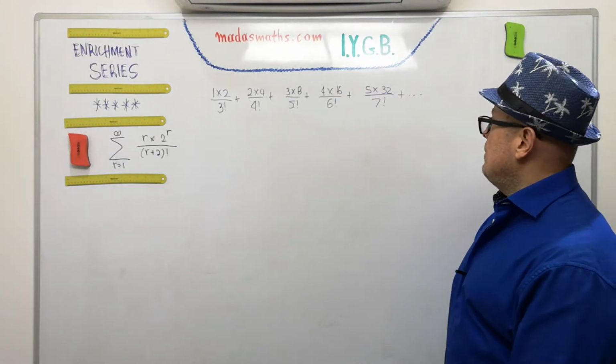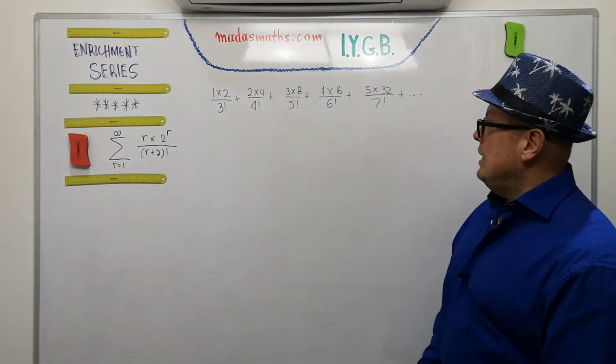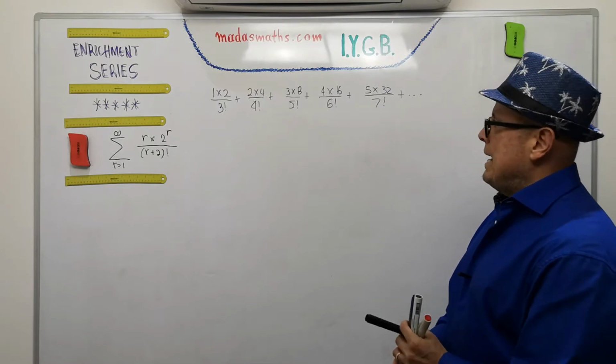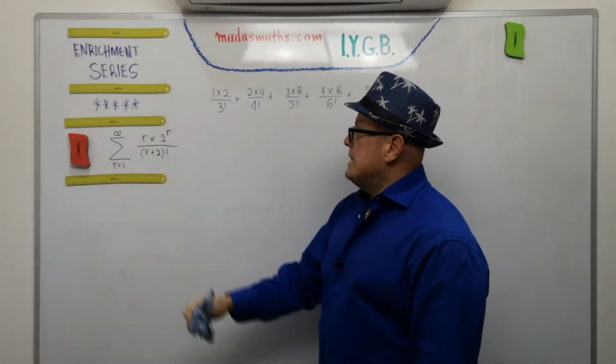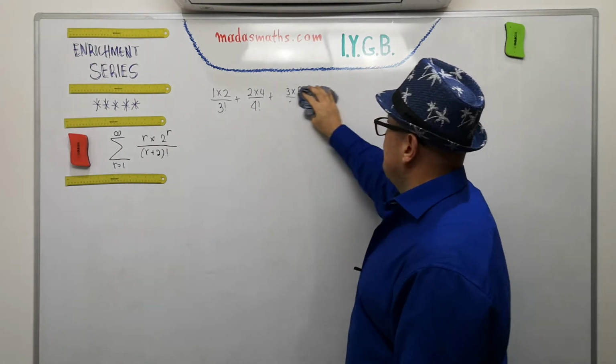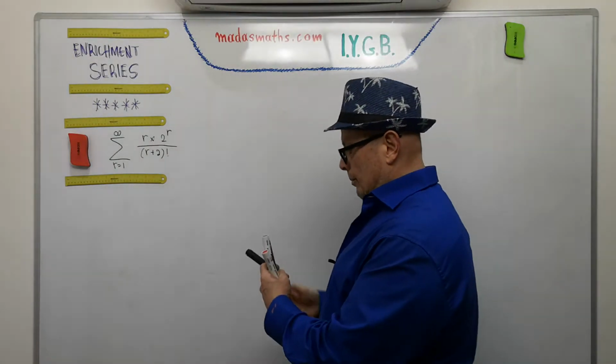Any clues now from either form? This particular one does not really give me any information. I can see the pattern, but this one is a little bit better because I can see a couple of things in there. I certainly see, first of all, the factorial term.